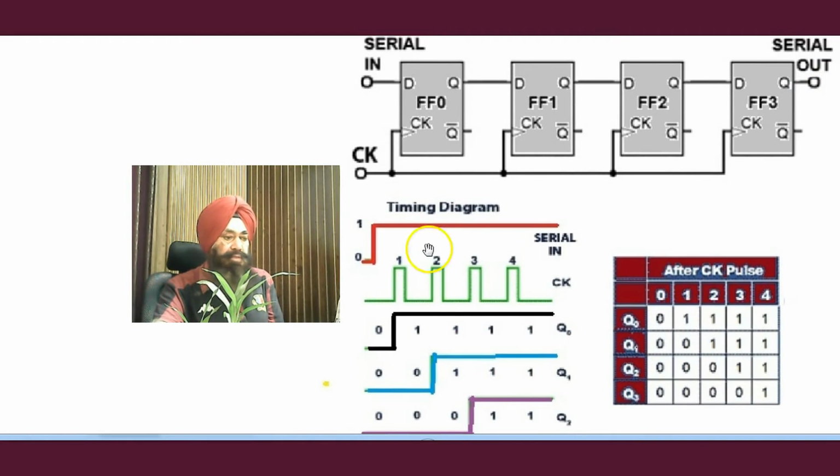Now again when the next clock pulse arrives, the fourth one, this one will be shifted here, this one to this place, this one to this place, this one to this place. So the last one, Q3, is 1, and the outputs are 1, 1, 1, 1.